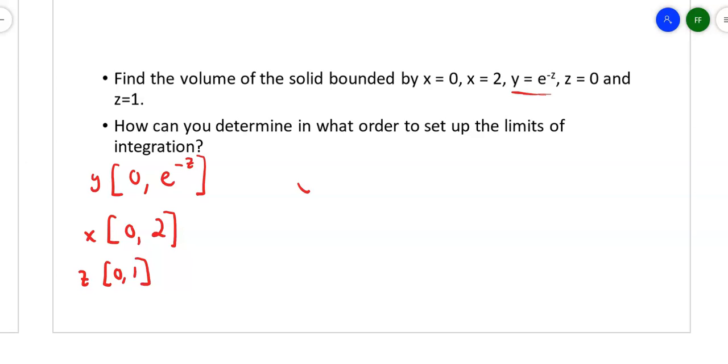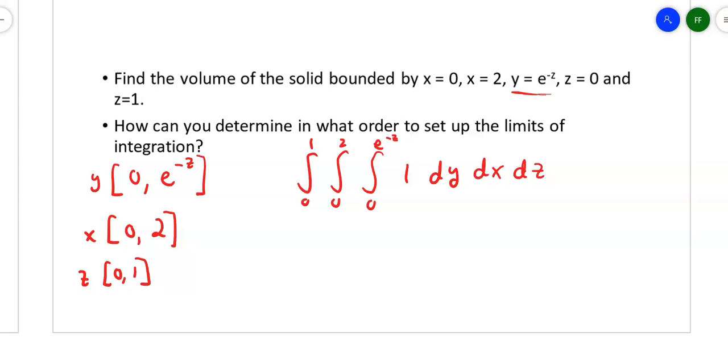All right, so when I set this up, it's going to be a triple integral of 1. We said the y's are going to come first, then the x's, then the z's. Y's go from 0 to e to the negative z. The x's go from 0 to 2. The z's go from 0 to 1.